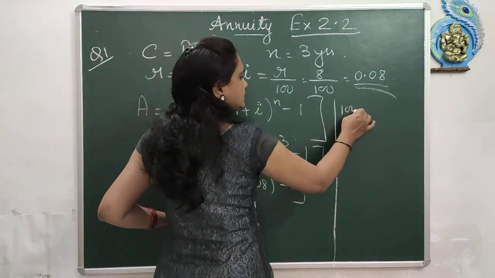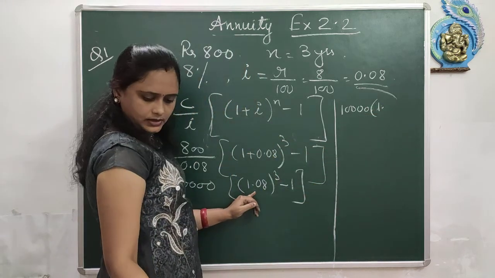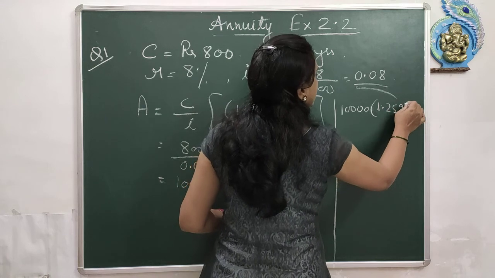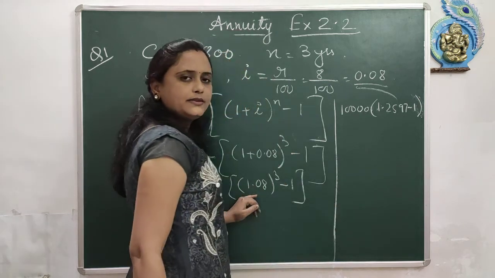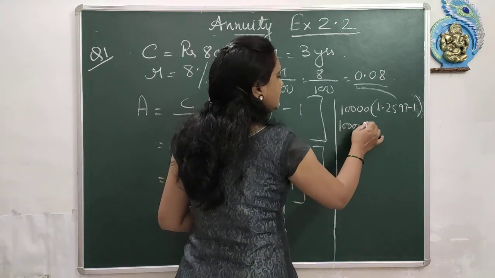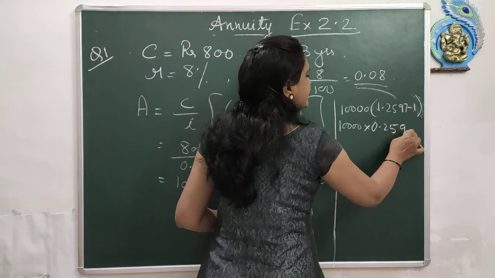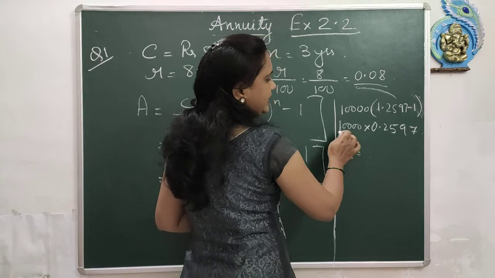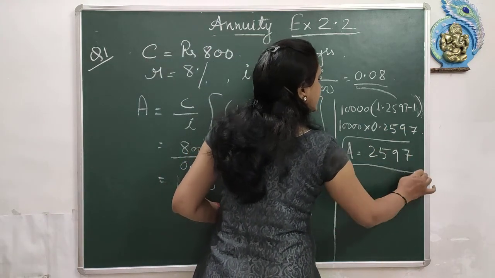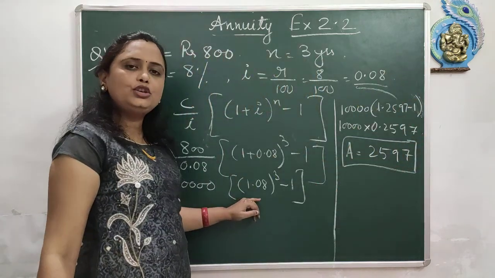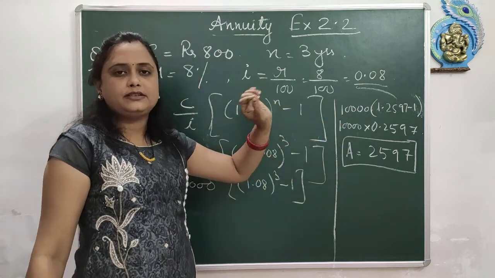So it is 10,000 into (1.2597 minus 1). 1.2597 minus 1 will be 0.2597. So your A will be 10,000 into 0.2597, which is 2597 only. So this is A, the accumulated value, that is 2597.